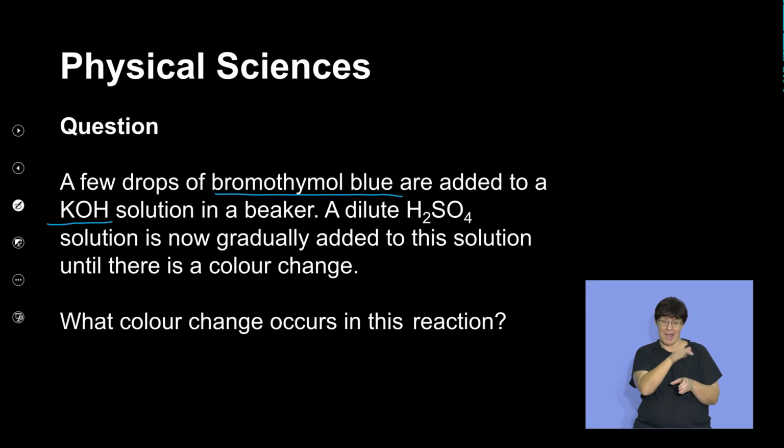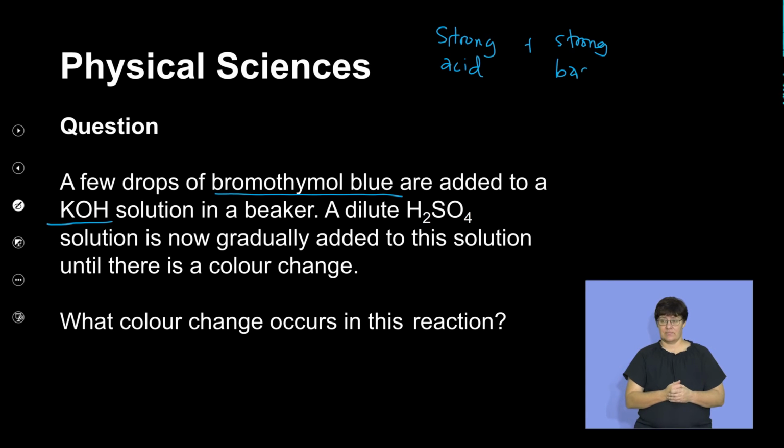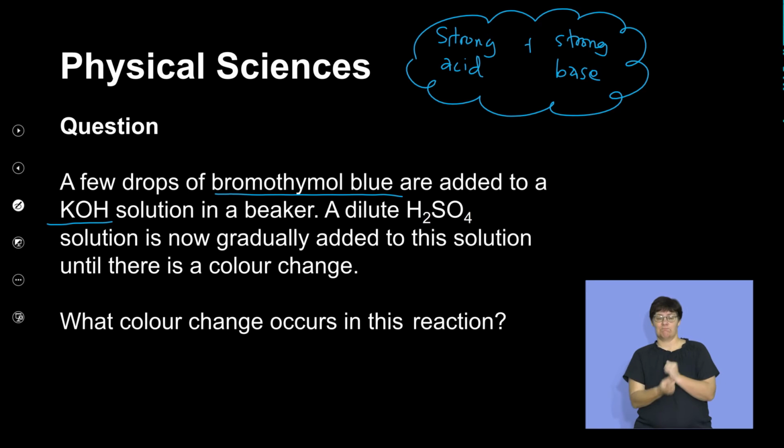Because this is a strong acid plus strong base type of acid-base reaction, and this is what is important in coming up with a suitable choice of indicator for this reaction. In the presence of a strong base, bromothymol blue will be blue in color. So the initial color is blue. As we continue to add a solution of dilute sulfuric acid, there will be a color change when this neutralization reaction takes place. So this is a neutralization reaction.